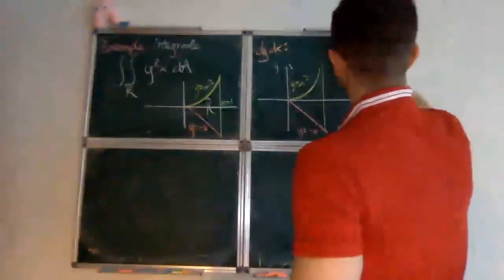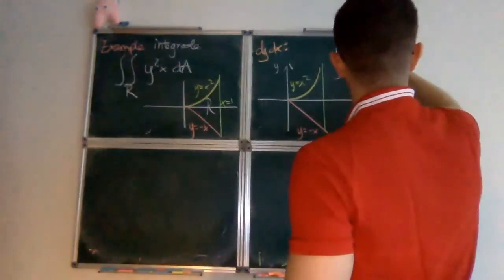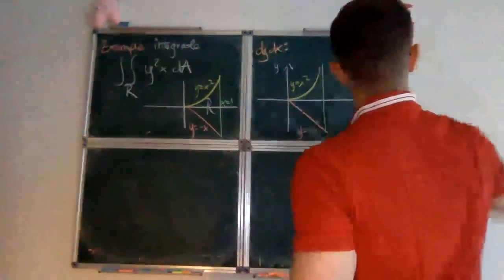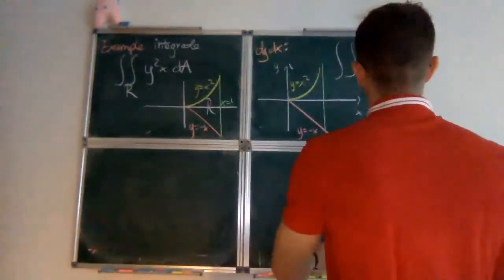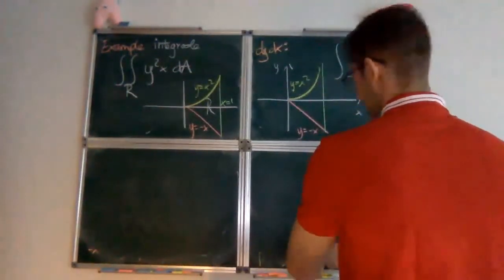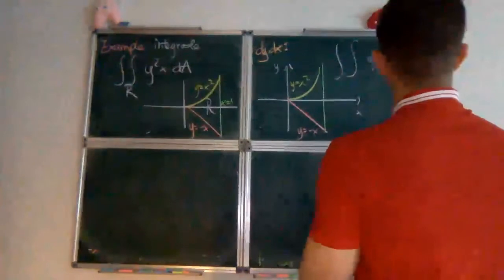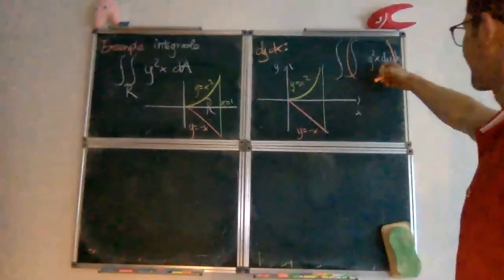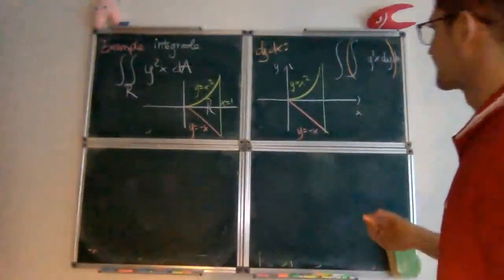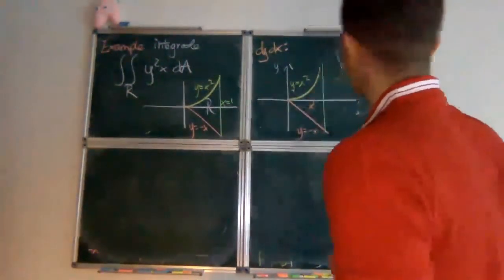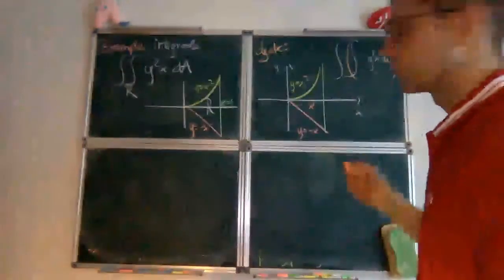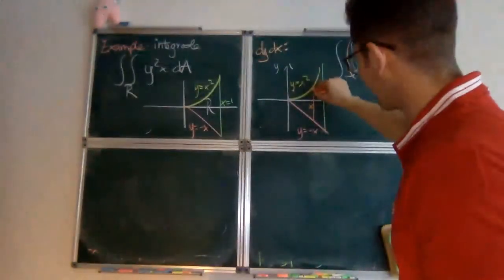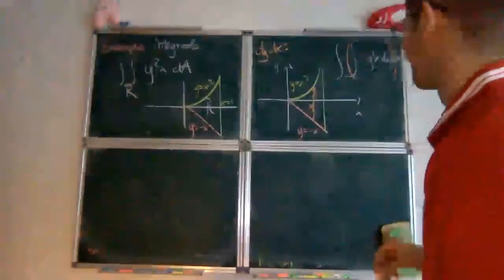Okay, so we want to write something like this. Recall that first we're doing the integral with respect to y, so x is fixed. So imagine that you fix a value of x, and as I explained in the previous example, you imagine that you use some vertical arrows to describe this region.